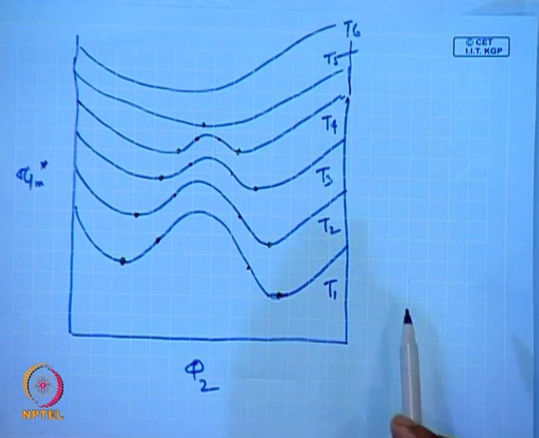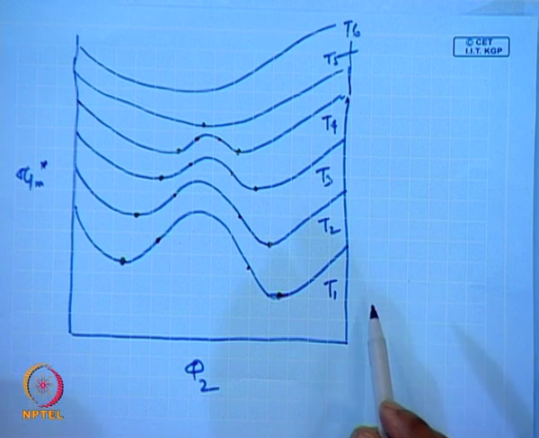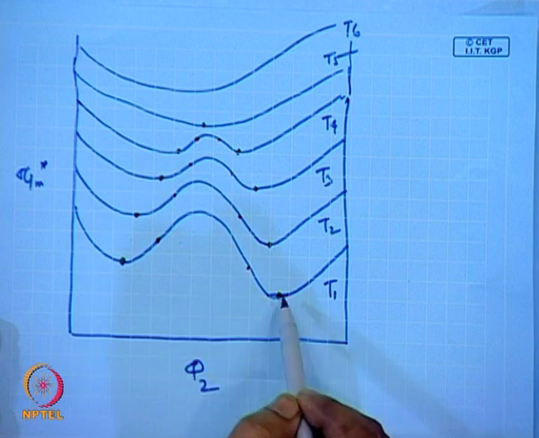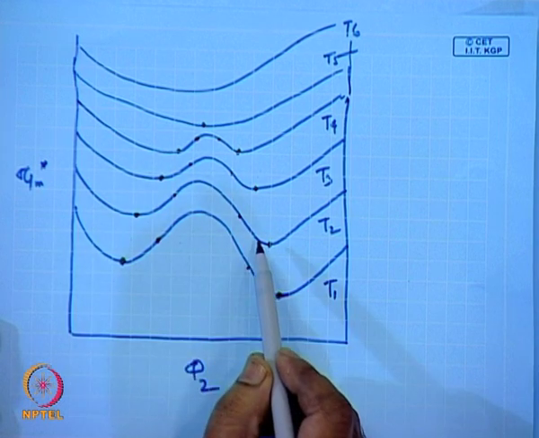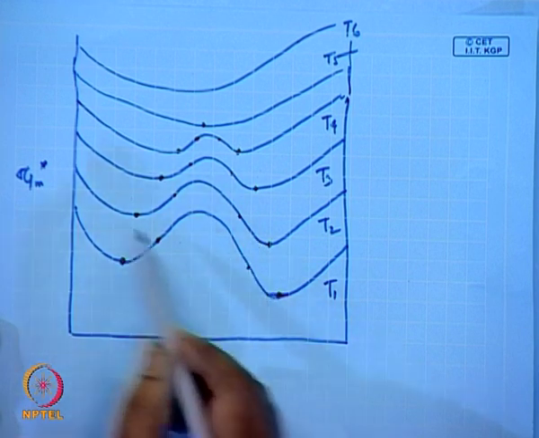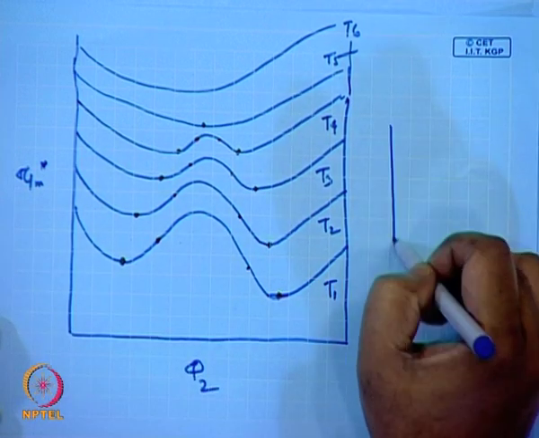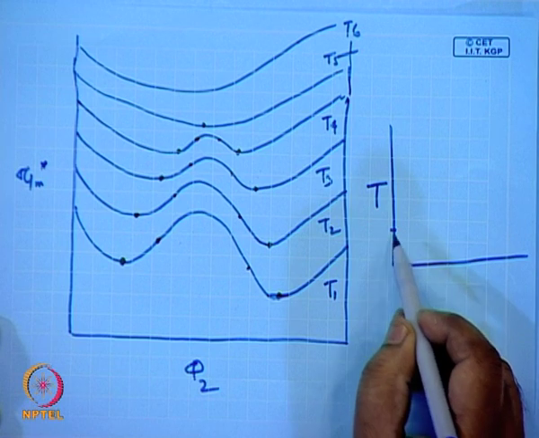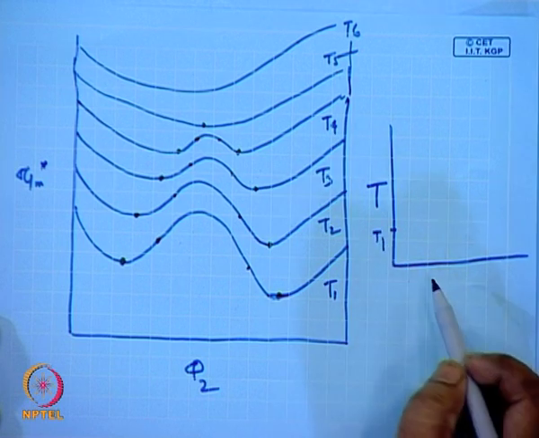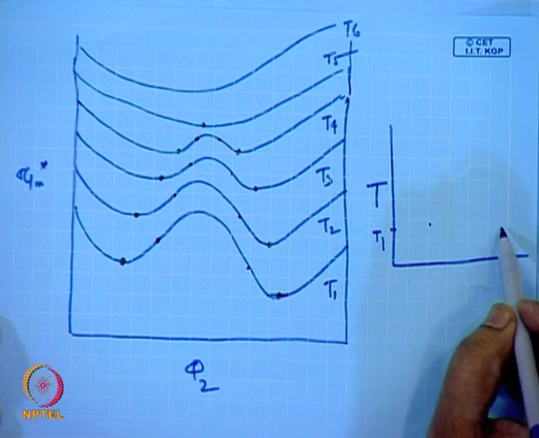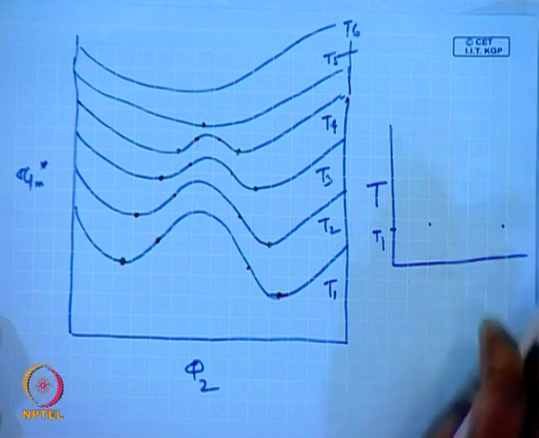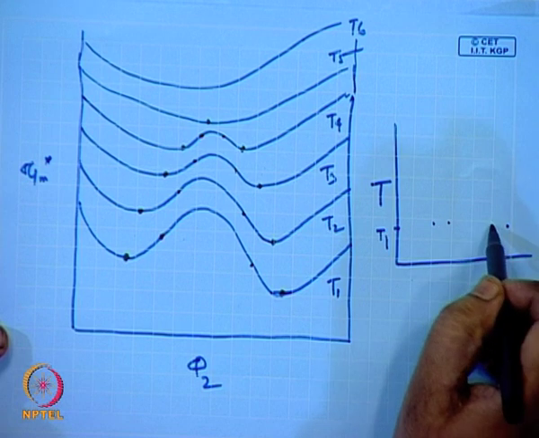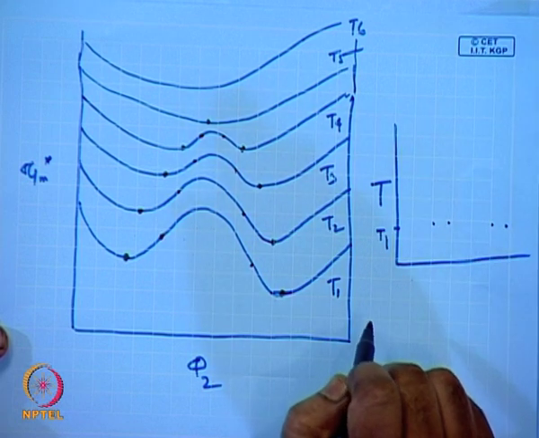Now, what we are going to do is plot these binodal and spinodal points with respect to temperature. So if you have T, then at T1 you have two binodal points and two spinodal points.